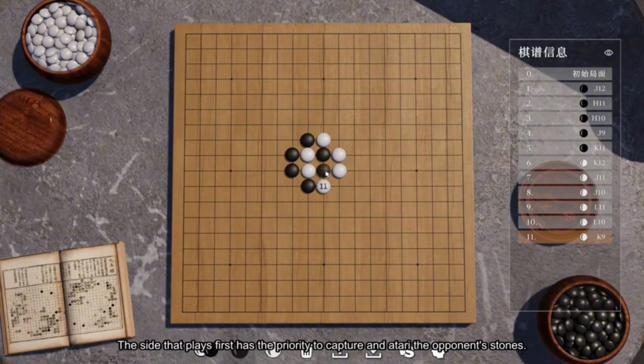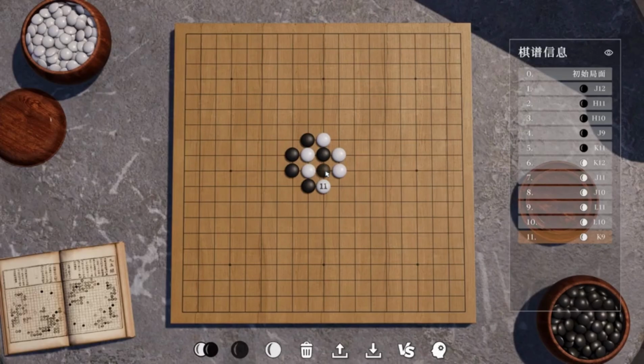So, when black plays here, black can capture the 2 white stones. After the 2 white stones are captured from the board, these black stones naturally achieve safety.